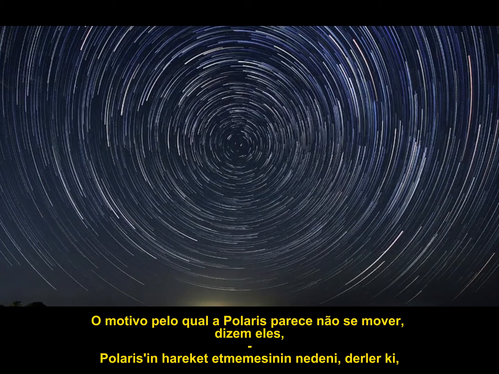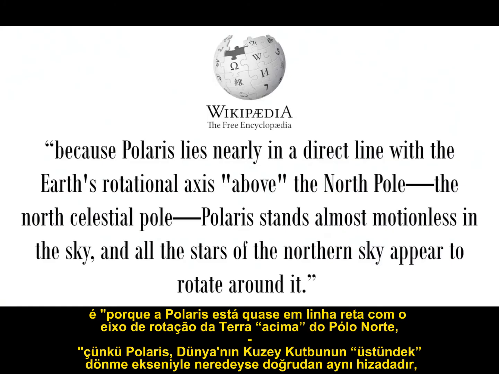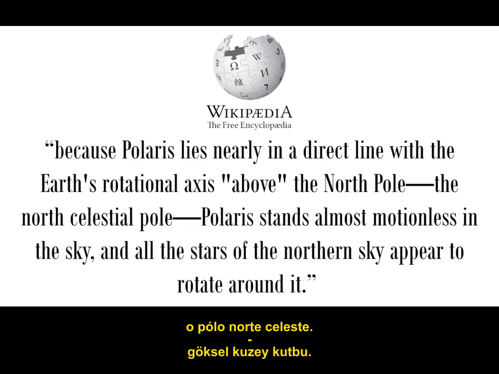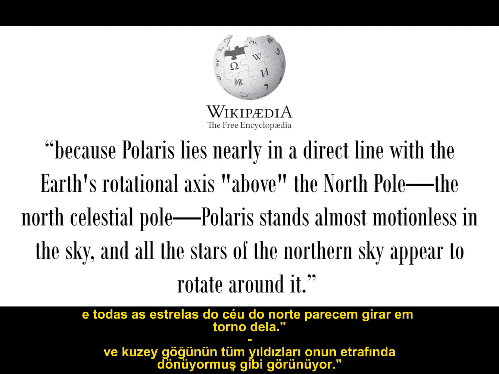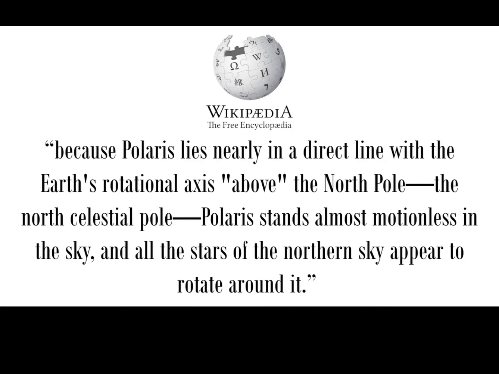The reason Polaris does not appear to move, they say, is because Polaris lies nearly in direct line with the Earth's rotational axis above the North Pole, the North Celestial Pole. Polaris stands almost motionless in the sky, and all the stars of the northern sky appear to rotate around it.